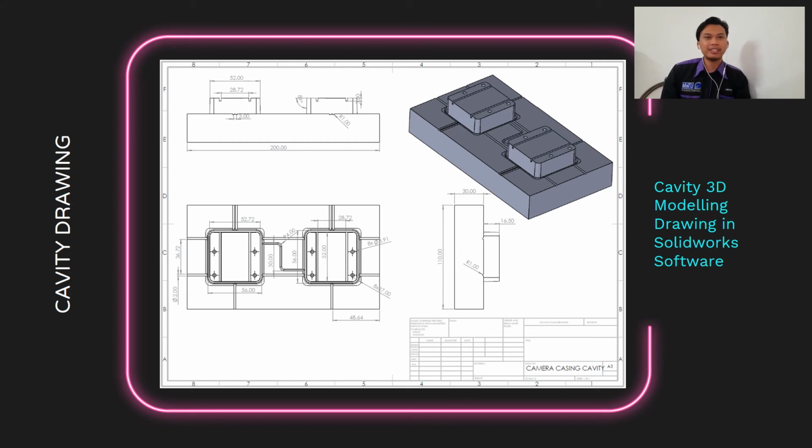Okay, for this slide, this is our cavity drawing. As you can see, our cavity drawing shapes the top of our product, so the shape is a little bit complicated. Our cavity consists of several features such as airflow, runner, and gate.